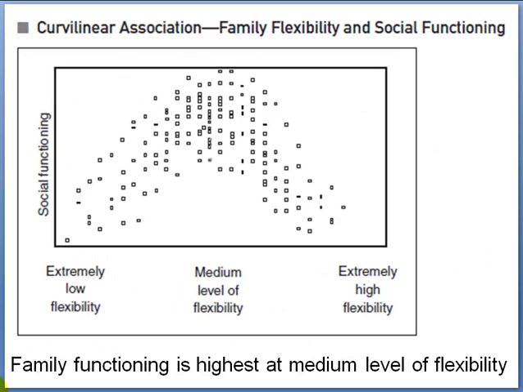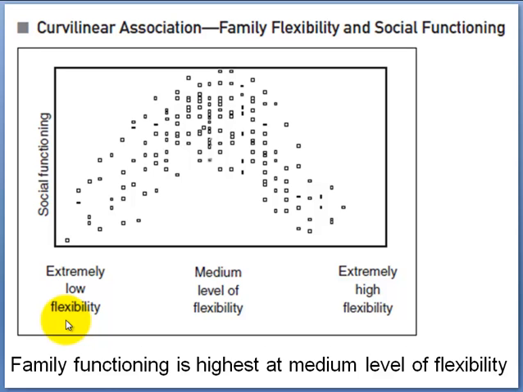So here's another example, a hypothetical one, of a relationship that I would guess would be curvilinear. So we're trying to look at the level of flexibility in a family, perhaps with respect to setting rules for kids, and just in general, sort of the level of structure in the family.